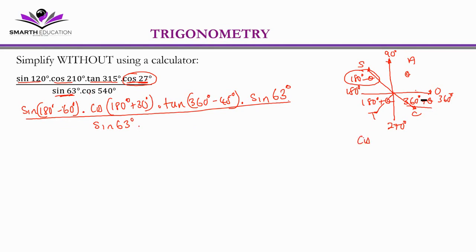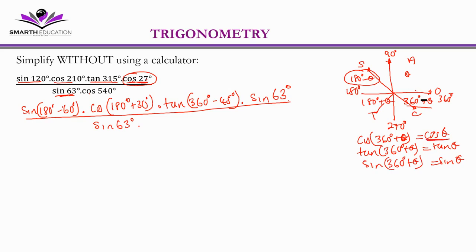Remember, when you talk about angles above 360 degrees, we say cos of 360 degrees plus theta is equal to cos theta. Tan of 360 degrees plus theta is equal to tan theta. Then sine of 360 degrees plus theta is equal to sine theta. See that?